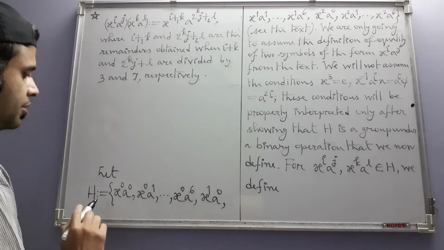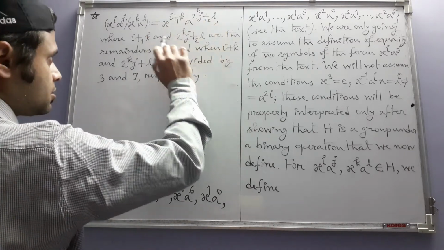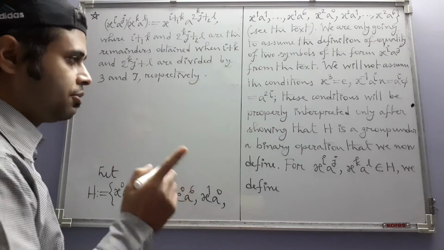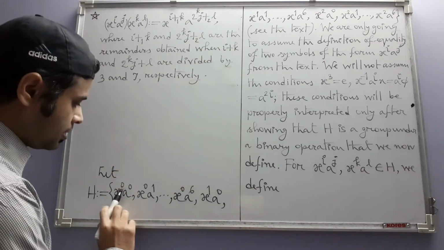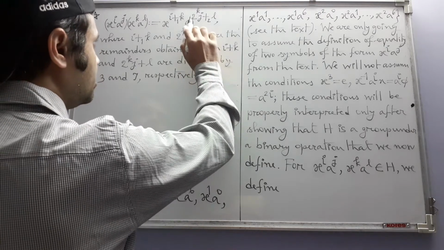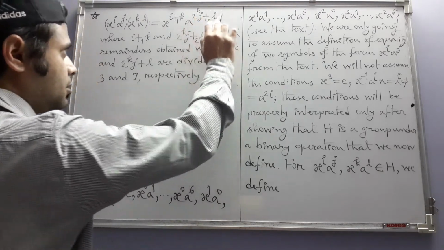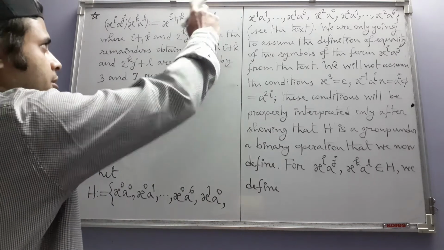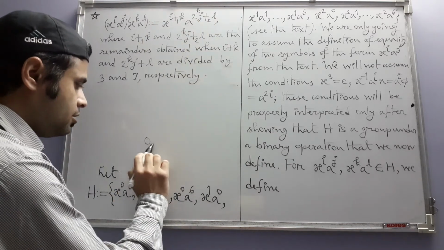Okay, so that means in this symbol the number above x is either 0 or 1 or 2, and those are the things that we see here. Similarly, this is the remainder when we divide something by 7. So this can take these values.